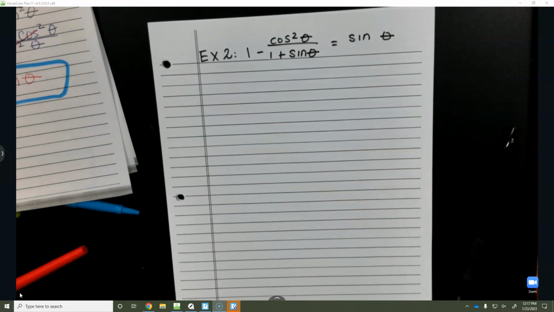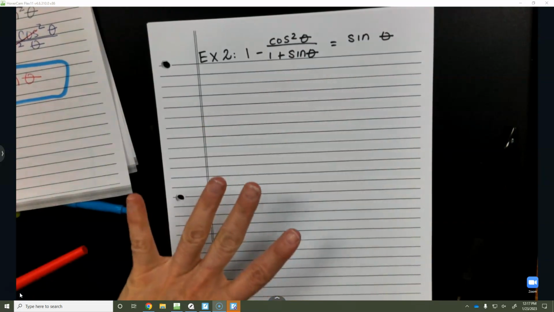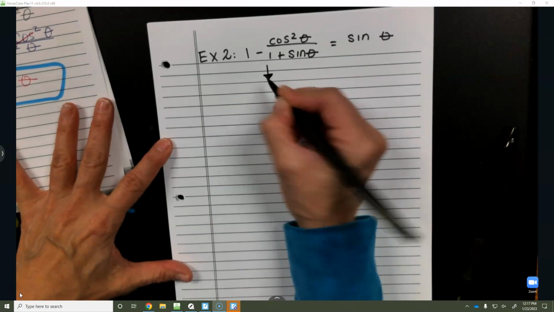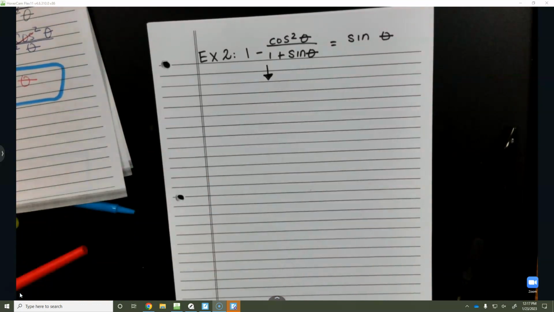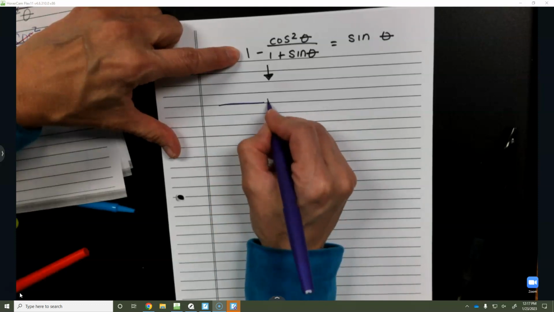Okay, so obviously we're going to be reworking this. That's just sine theta. There's not too much I can do with this except combine it into one fraction. So that's what I'm going to do. What is this one going to turn into? Very good.